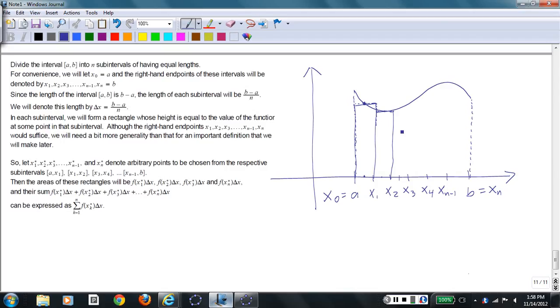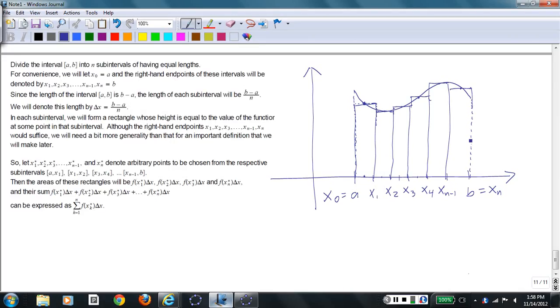And choose this midpoint, and that gives a rectangle. And this midpoint, right across like that, that gives a rectangle. And this midpoint, that gives a rectangle. And finally that midpoint, and that gives a rectangle.